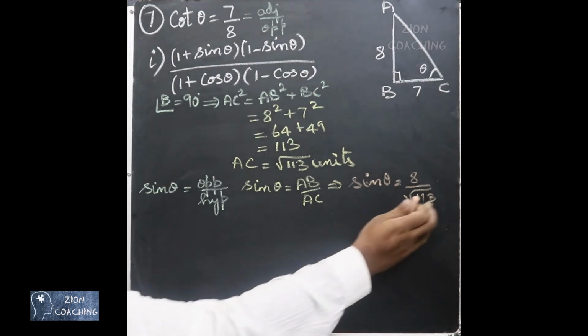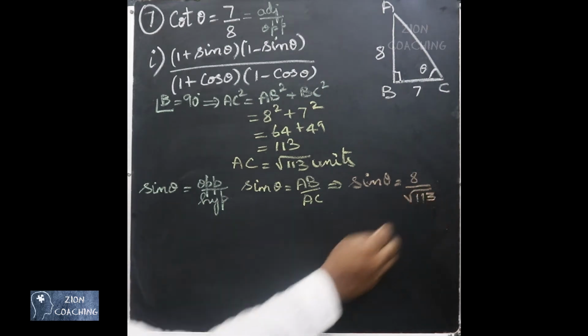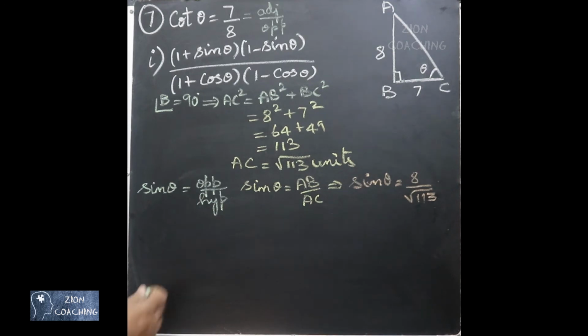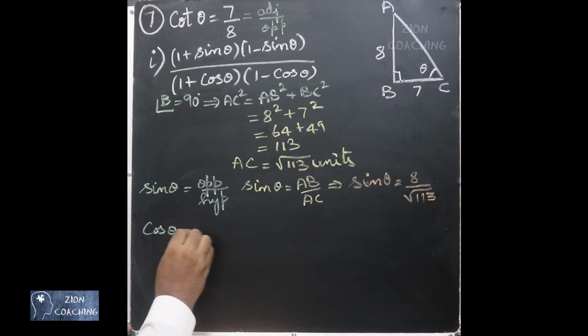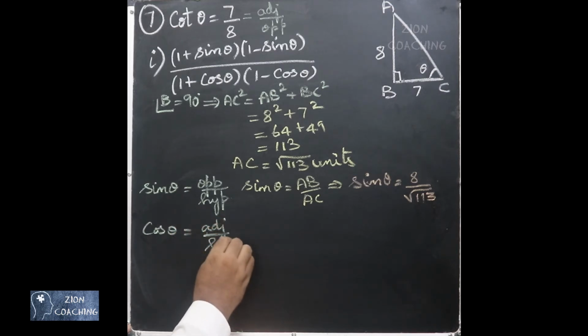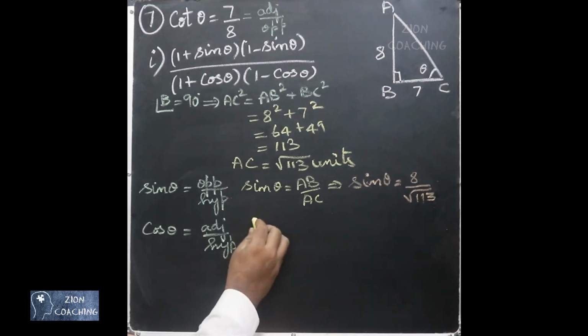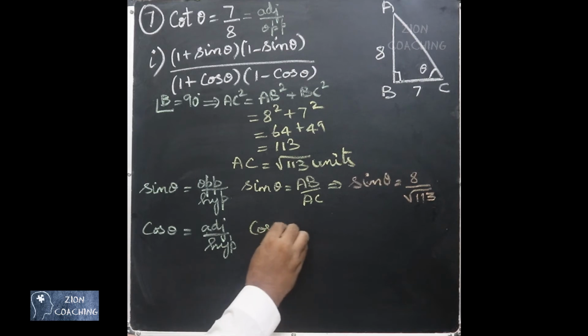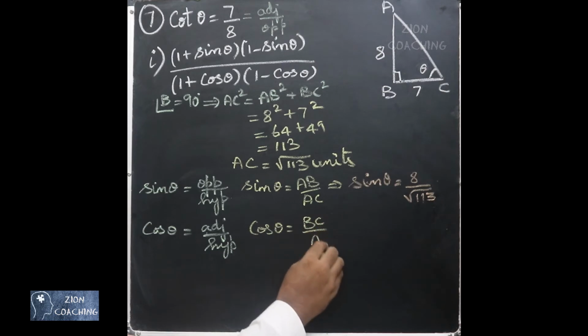Next we are going to find cos theta. Next, you know that cos theta is equal to adjacent side by hypotenuse. That is, in this diagram, you can see that your adjacent side is BC by your hypotenuse, that is AC.